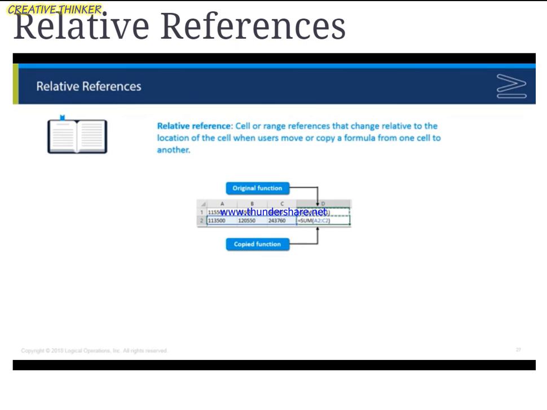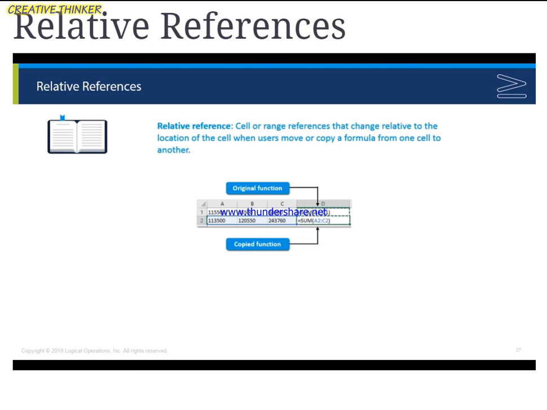Now, before we look at cutting and copying and pasting to reuse formulas, we need to understand how cell and range references work. In Excel, there are three types of references: relative, absolute, and mixed. A relative reference is a cell or range reference that changes relative to the location of the cell. So when you move or copy the formula from one cell to another, the original function was A1 to C1, and then if you are copying that function, it is going to modify the row value, right?